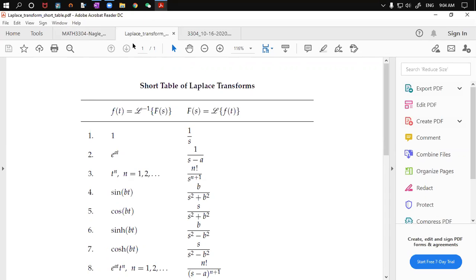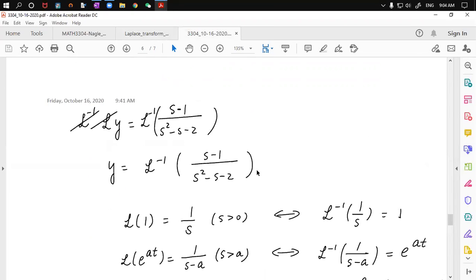So let's come back to our calculation from last time.